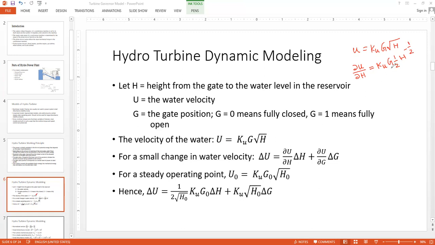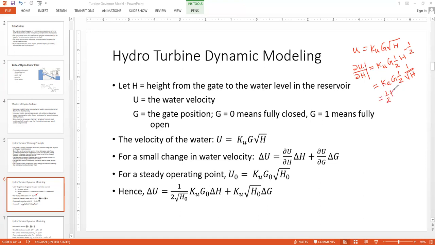So that means, and now you have to evaluate it. Okay, let's complete the equation first. So G half 1 by H. So this is the ∂U/∂H. Now what you have to do is evaluate it at H naught and G naught, the operating point.